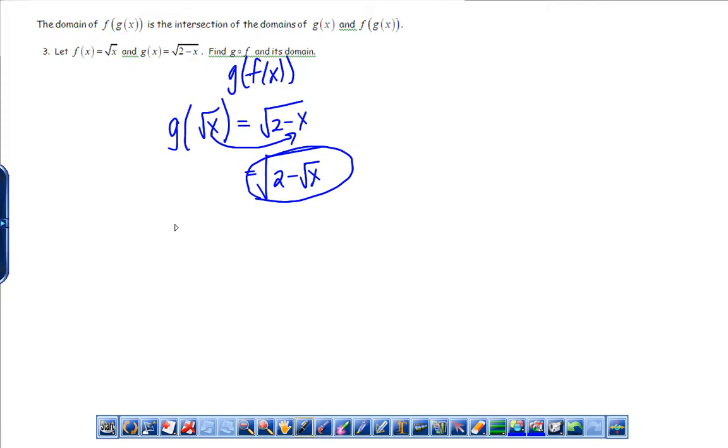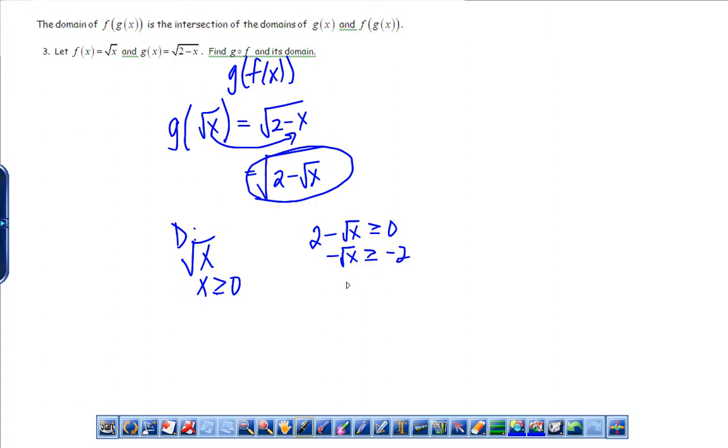So now we need to find the domain. And in order to do that, you need to find each square root. So to find the domain of this, you just take x, and that's going to be greater than or equal to 0. And then you need to take this whole thing and do the same thing. So you're going to say 2 minus the square root of x is greater than or equal to 0. So negative square root of x is greater than or equal to negative 2.